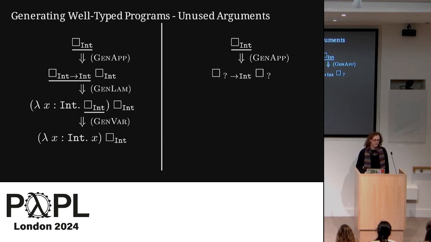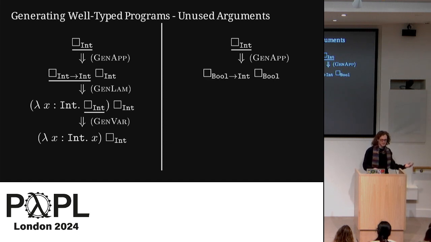So when it chose to create an application, while it is constrained in the return type of the function, the argument type can be whatever the generator wants. And so the generator, in the previous example, chose an integer, but it might have randomly chosen to ask for a function from booleans to integers.